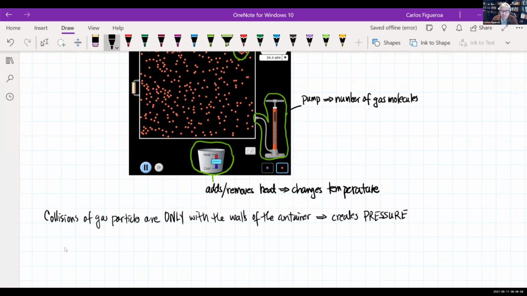So when I say the word temperature, what do I mean by temperature? Well, temperature is the average kinetic energy of the gas molecules or the gas particles.